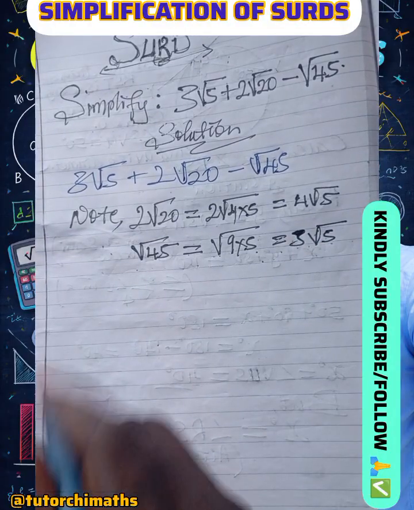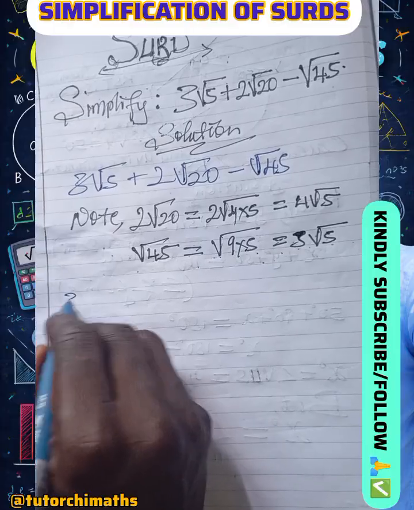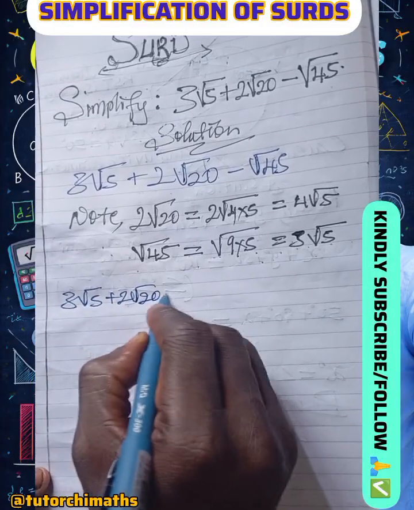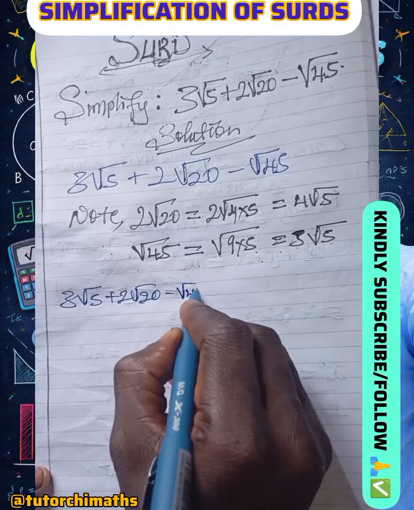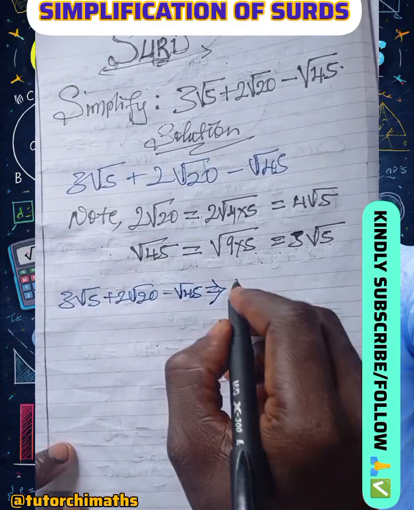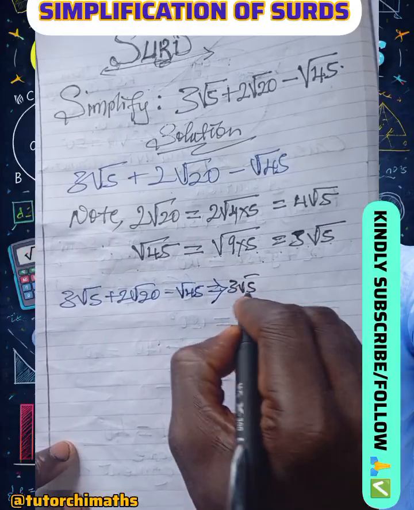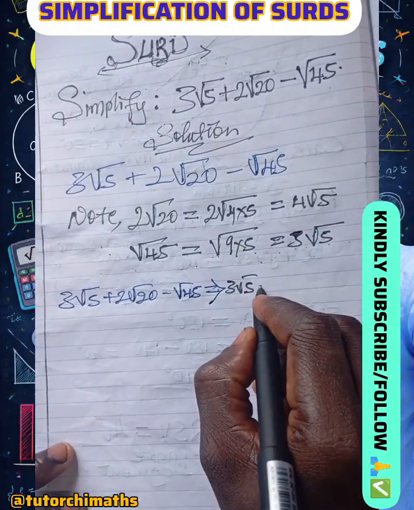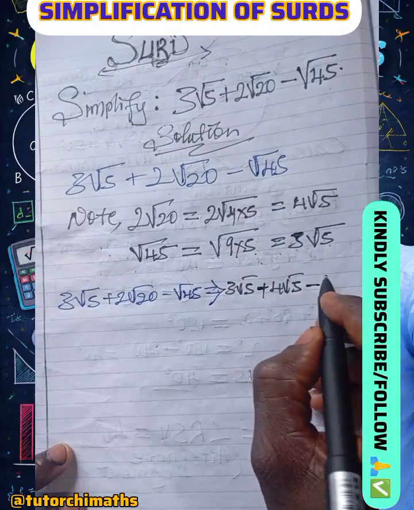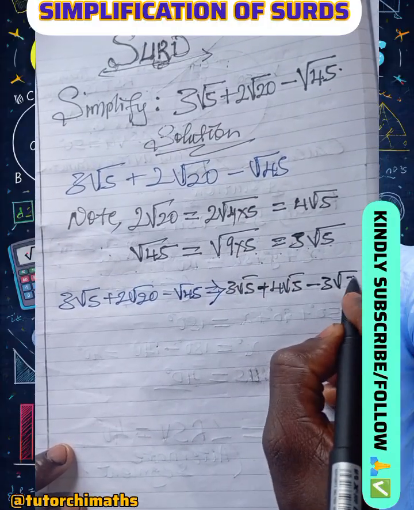So we can now have 3 root 5 plus 2 root 20 minus root 45 is equivalent to 3 root 5, plus 4 root 5, then minus 3 root 5.